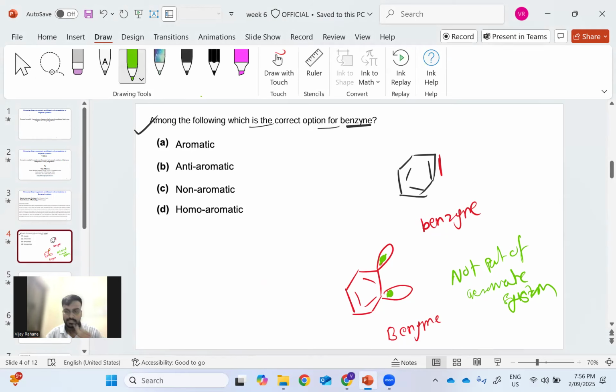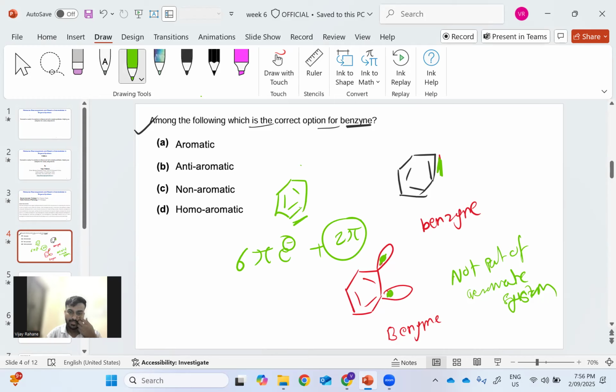In the benzene, this extra bond is not part of the aromatic system, so it is not involved in the aromatization. Only the inner three double bonds are involved, so that corresponds to the 6 pi electrons, and the outer 2 pi electrons, which are additional, are not involved in the aromatization.